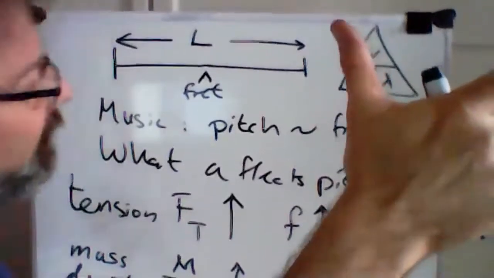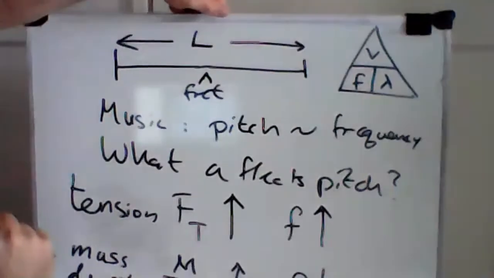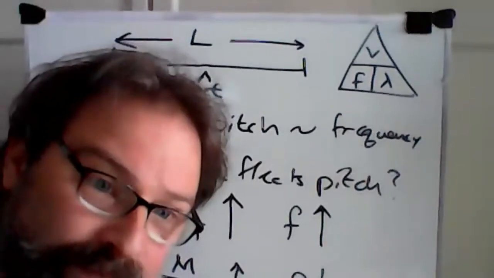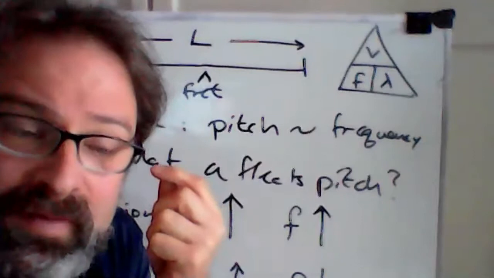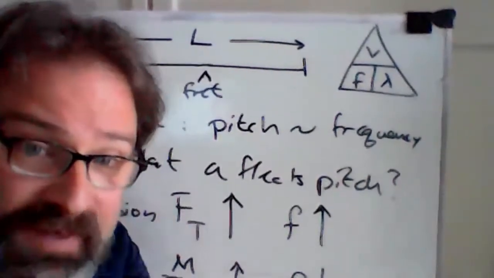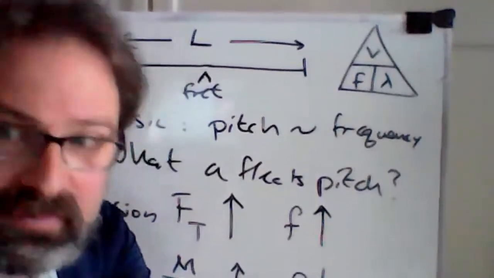Whether we look at just half the string or the whole string, the material is the same. So varying the length doesn't change the physical environment, but the other two do.